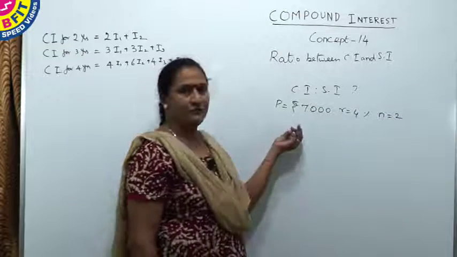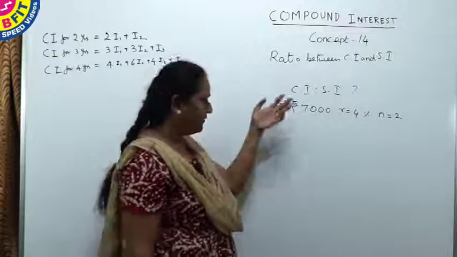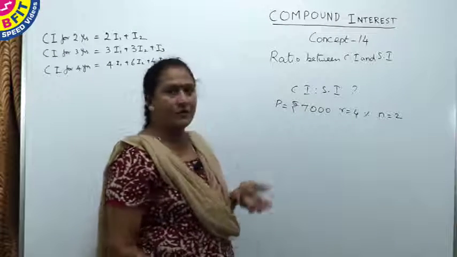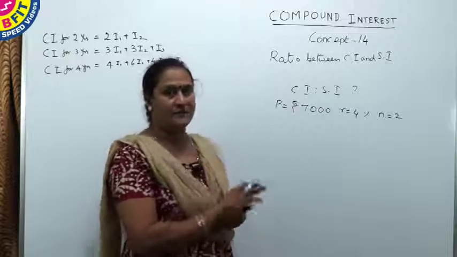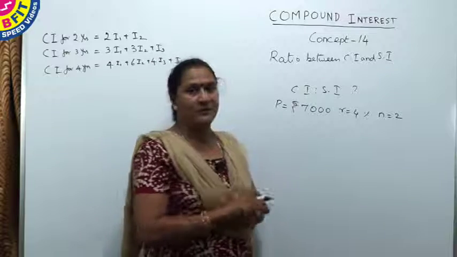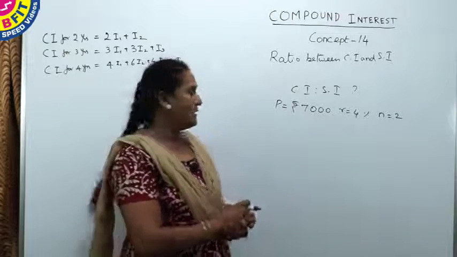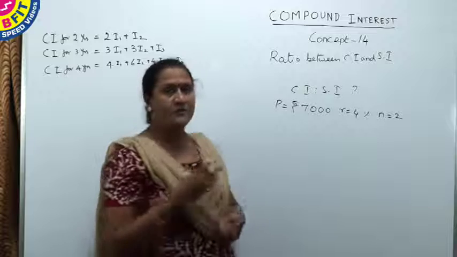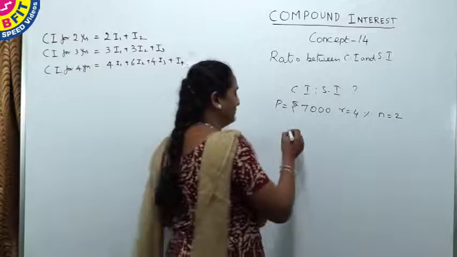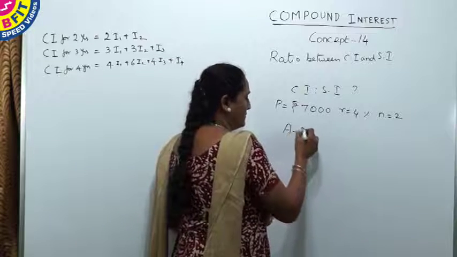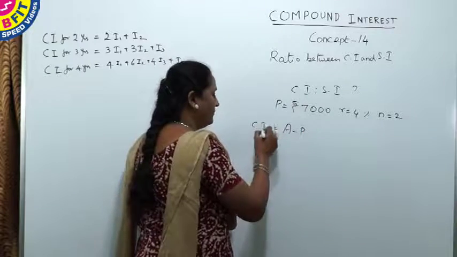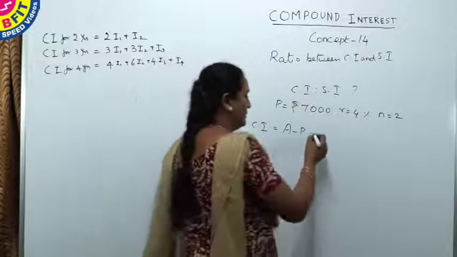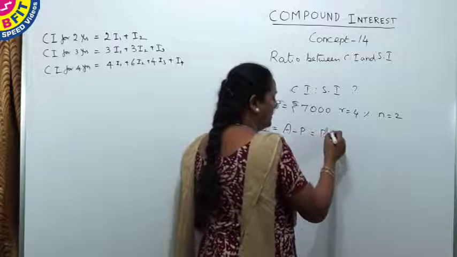Now with this we can use the I1 I2 concept and find compound interest, or using the amount we can find the compound interest by subtracting the principal, and we can find the simple interest using PNR by 100. Suppose we find the compound interest using the amount. Subtracting amount minus principal, you get the compound interest. So what is the amount formula?